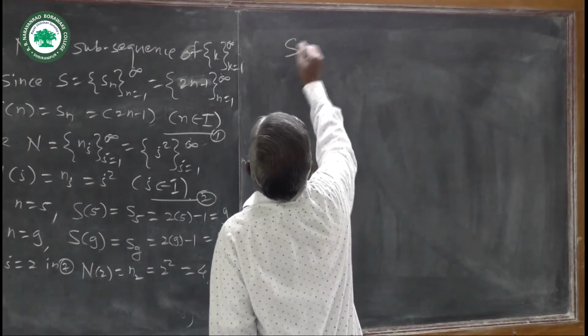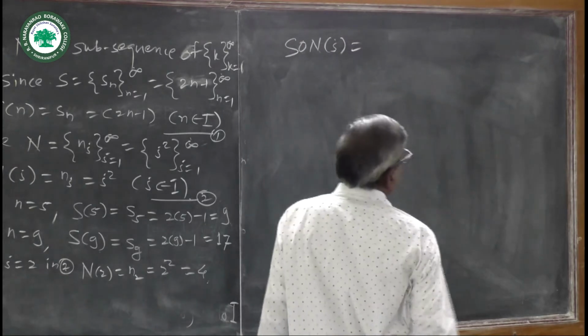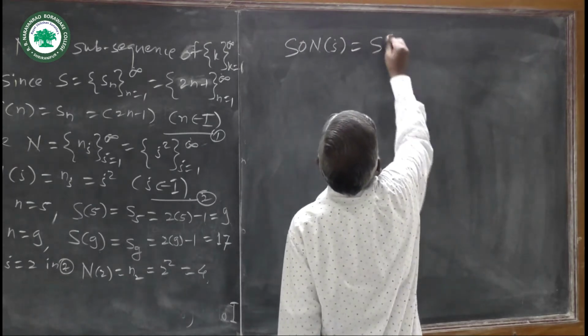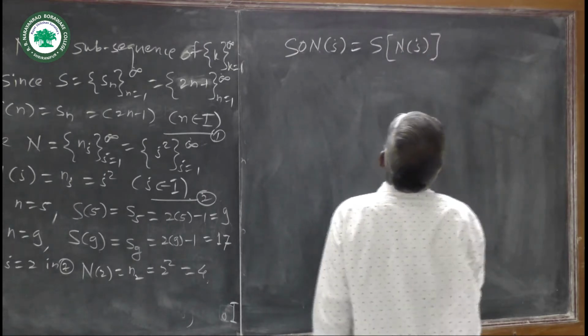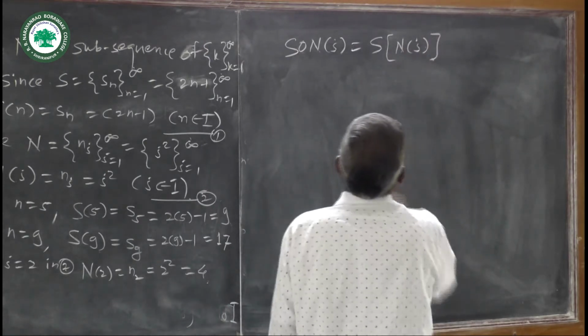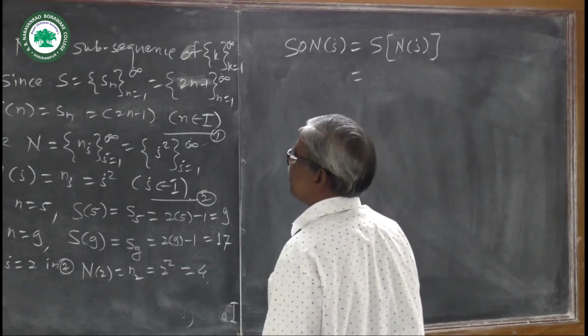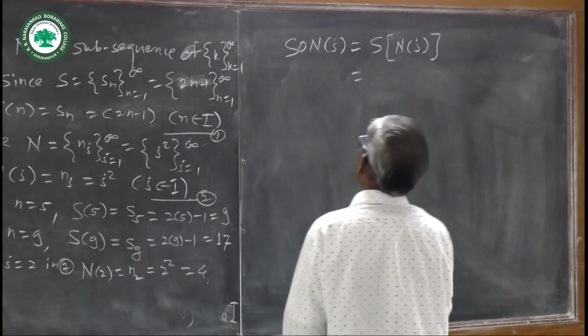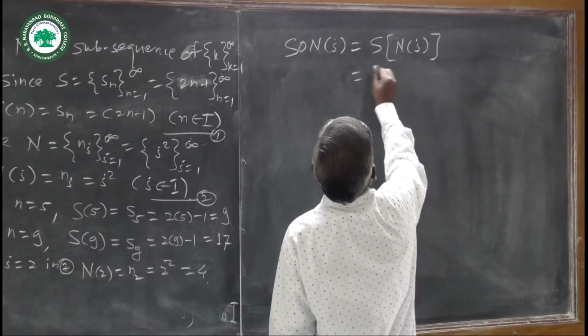Therefore, (S composition N) operates on i is equal to S operates on (N operates on i) by definition of composite function. This is equal to S operates on n_i, since N operates on i is equal to small n_i.